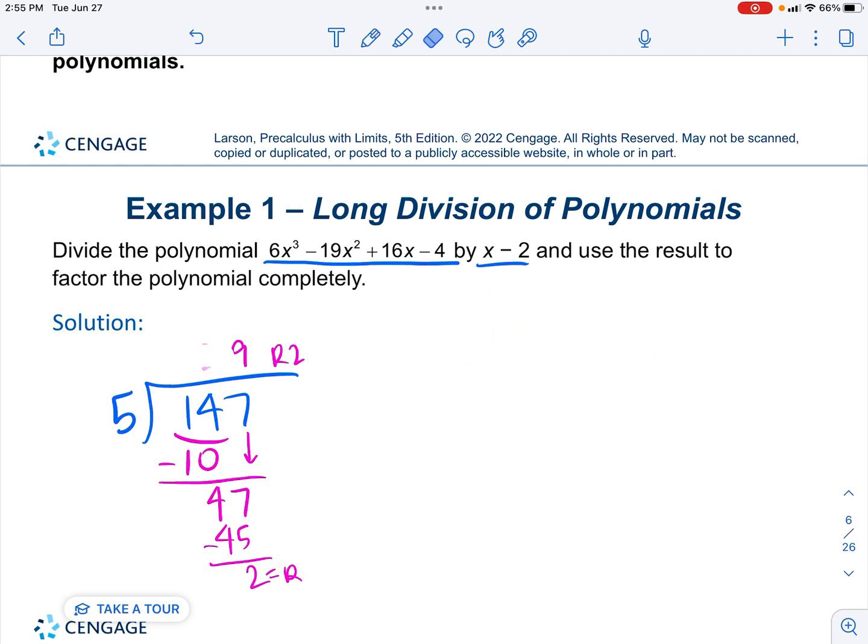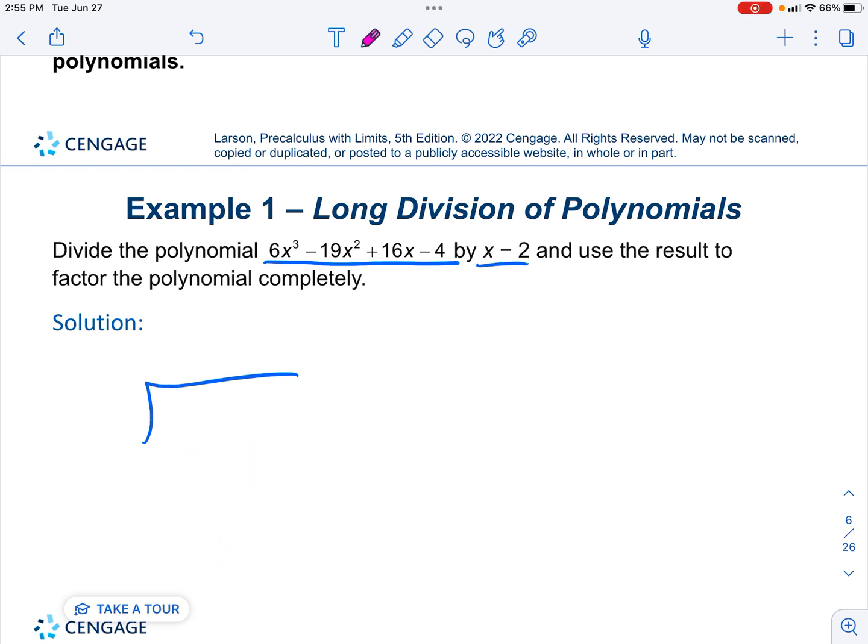We are going to take our polynomial, we're going to put it under that dividing sign. 6x cubed minus 19x squared plus 16x minus 4, and we're going to divide out our x minus 2. So instead of saying how many of these go into this, we're going to say what times x minus 2 would give us a number so that when we do our subtracting, it subtracts to 0.